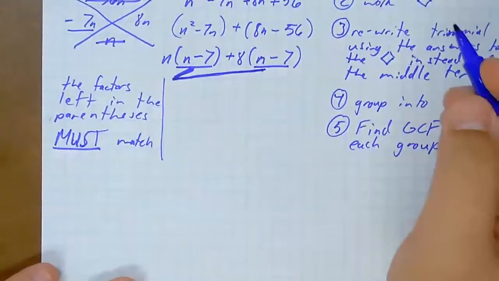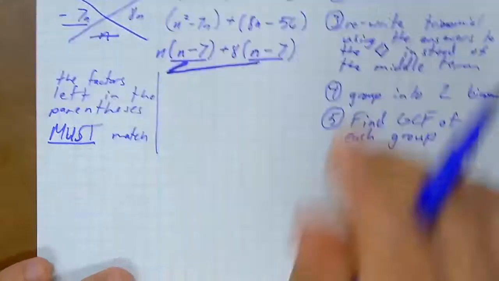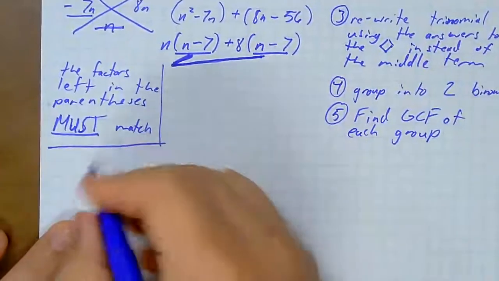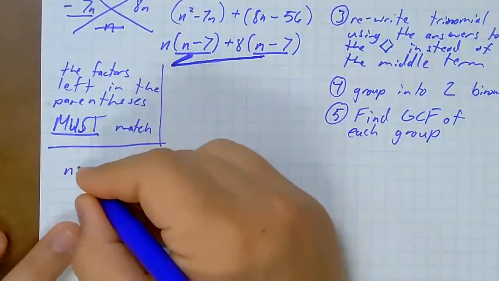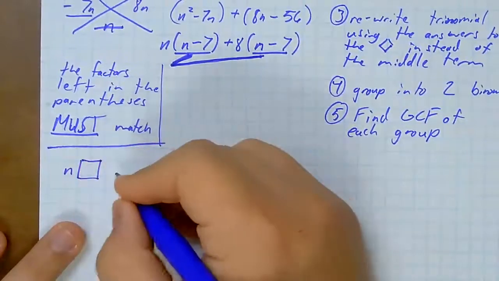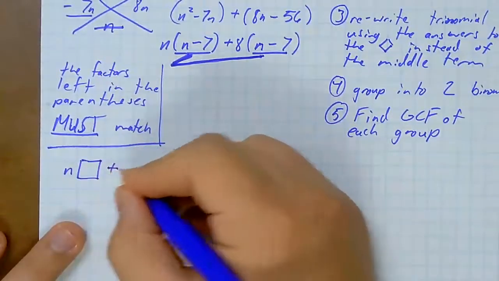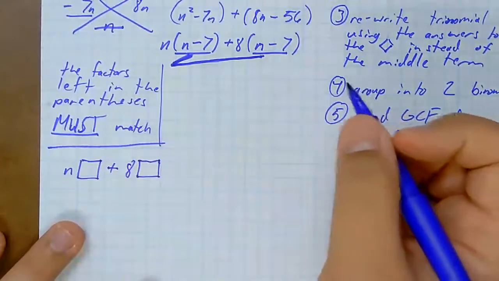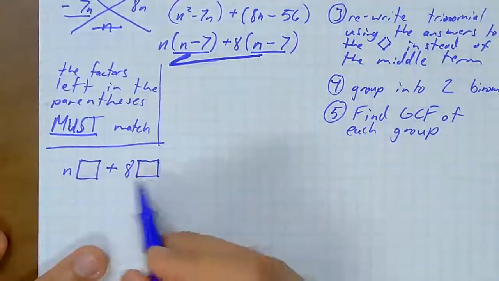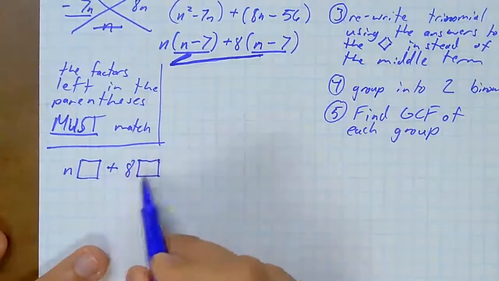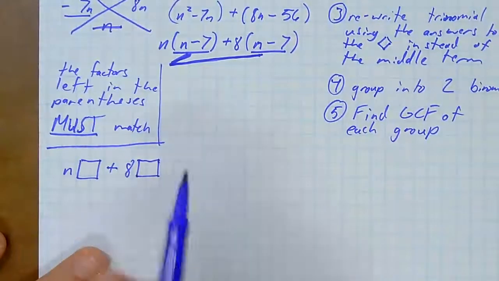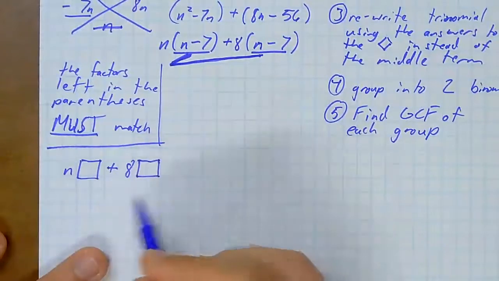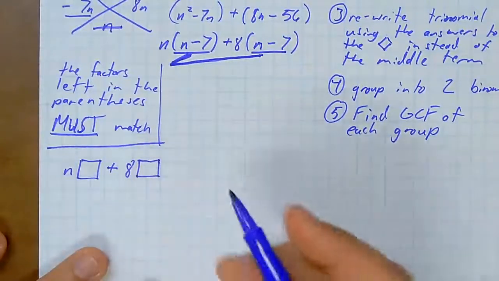So before moving on, I want to take a look at a side example. If we have n times box plus 8 times box, the thing that these two terms have in common is the box. And so if I were to ask, what's the GCF of this binomial, our GCF would be box, right?